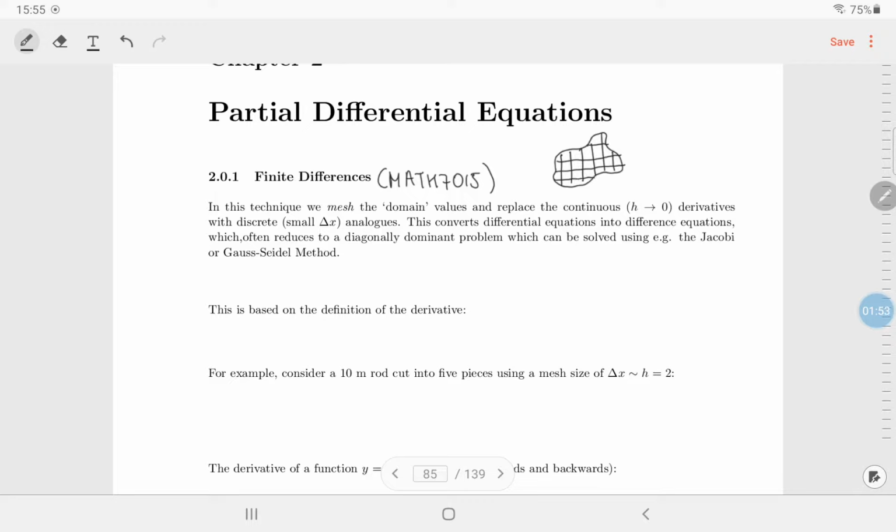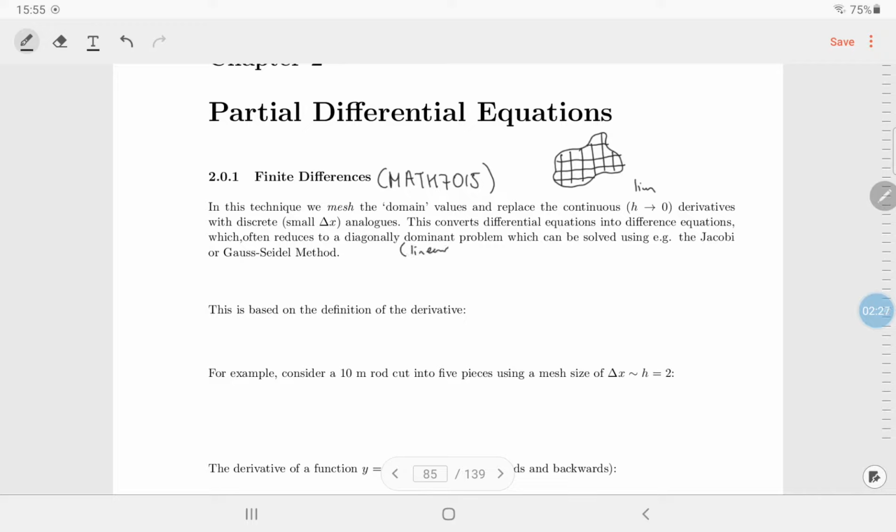What you do is replace the continuous derivatives, where h goes to 0. You're familiar with the limit as h goes to 0, but here you don't let h go to 0 mathematically. You just let h be something small, and then you'll usually call it delta x. This converts a differential equation into what's called a difference equation, which also reduces to a diagonally dominant linear system.